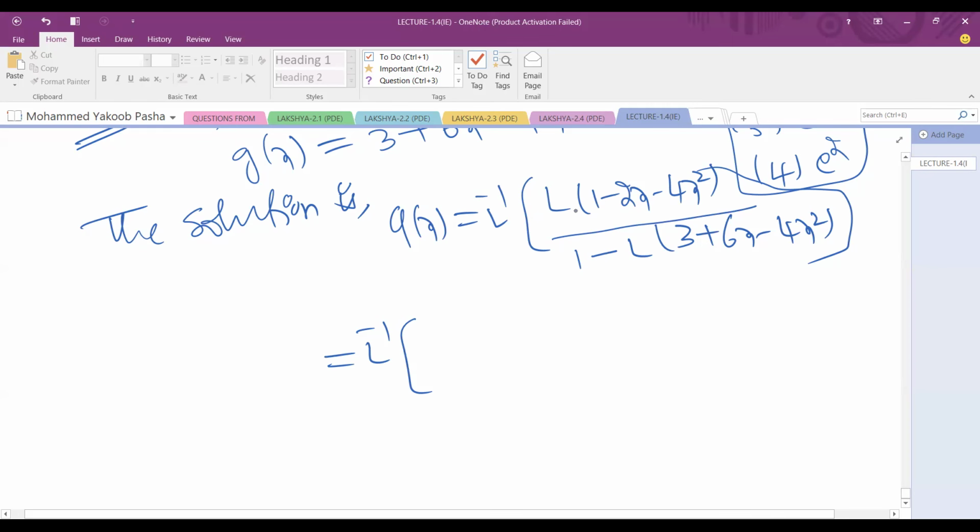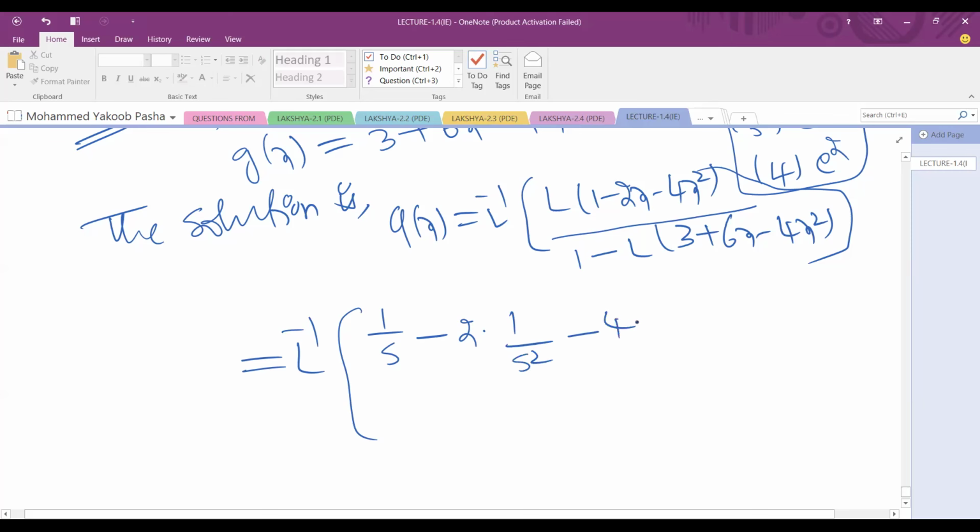Laplacian of 1. I'll write a bit bigger, to avoid confusion. Okay, you will write neatly anyway. So what is L of 1? 1 by s. Minus, what is x? 2 into, already 2 is there, L of x, 1 by s square. 1 by s square minus 4 into, what is L of x square? 2 factorial by s cube.